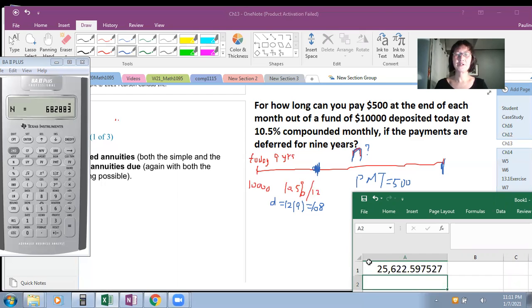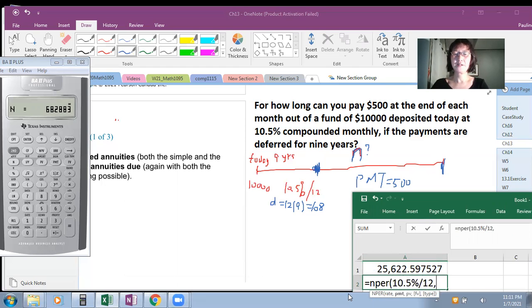Okay. So this is a double check. So this is the future value at this point. It becomes present value for this annuity. And for the annuity, the question asks you to solve for NPER, meaning term N. Rate is 10.5%, compounded monthly.